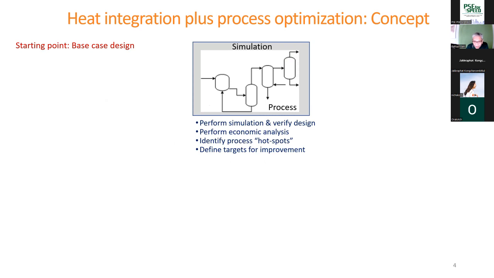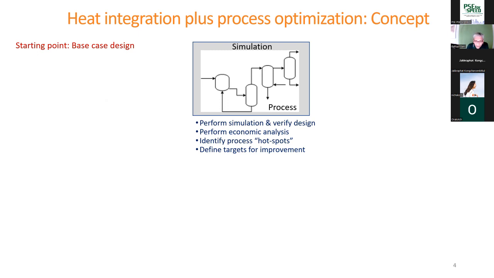We do analysis of the process, and then we identify points that are hotspots. And based on hotspots, we define targets for improvement. Targets for improvement are reduction of energy demand, which means reduction of the carbon footprint.